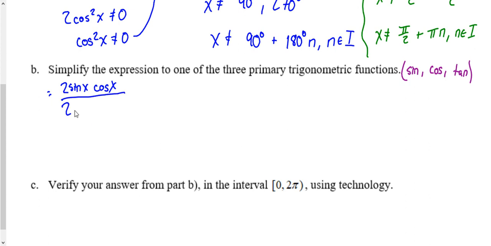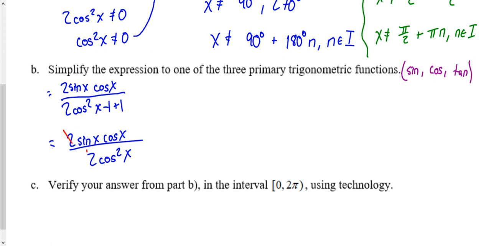So we get 2 cos squared x minus 1 plus 1. And again, why that minus 1? I want to cancel out that plus 1. So this simplifies down to 2 sine x cos x all divided by 2 cos squared x. And here we can cancel out a few things.